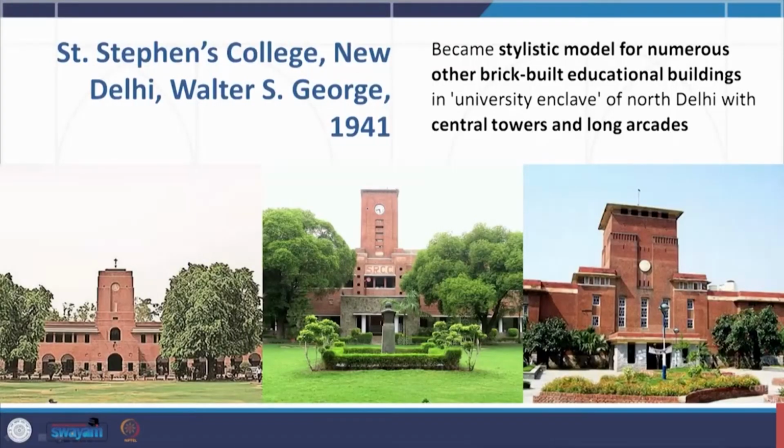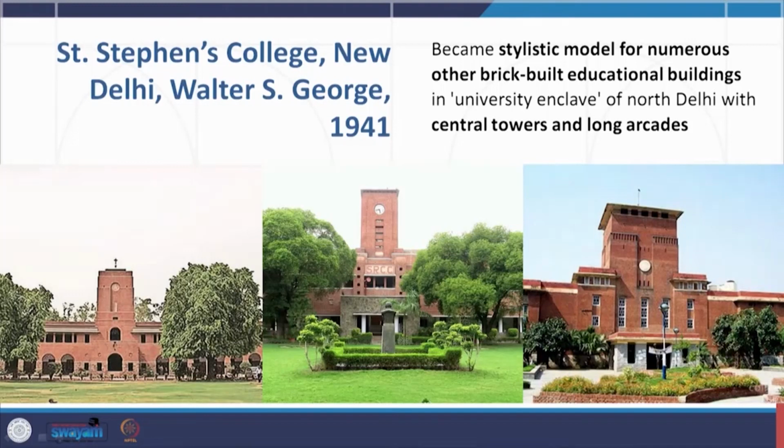The other example, which was a contribution of Walter Sykes George, is St. Stephen's College in New Delhi, and this was in 1941, just very close to our independence, and it became a stylistic model for numerous other such brick-built educational buildings in the North Campus of Delhi University, in the University Enclave of North Delhi, which have central towers.